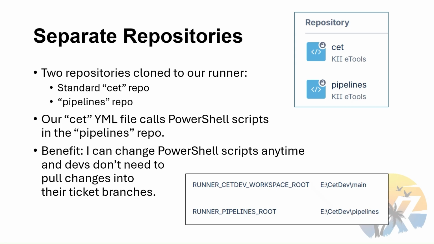So I can update the pipelines repo, and any new pipeline that gets run after that moment will pull the script from my repo. Basically, if a developer has an old branch that they've pushed and they haven't updated it in a while, as long as the YAML file hasn't changed, they're still going to be pulling the latest pipeline scripts.